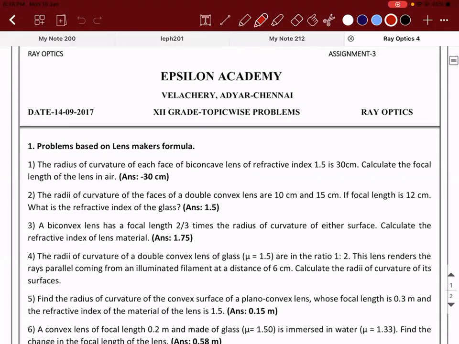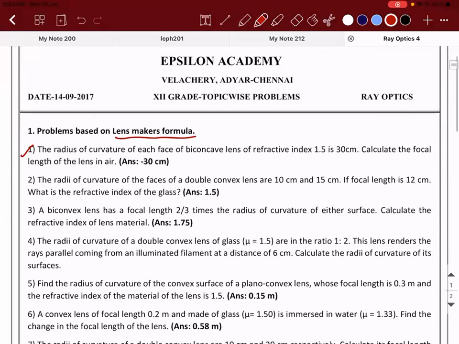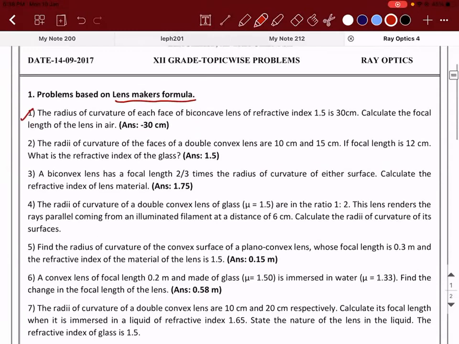Okay, so shall we try some problems? So problems based on lens maker's formula. Did you guys make a note of it? 1 by f is equal to mu2 divided by mu1 minus 1 into 1 by r1 minus 1 by r2. Okay, I'm going to explain how to use that formula.